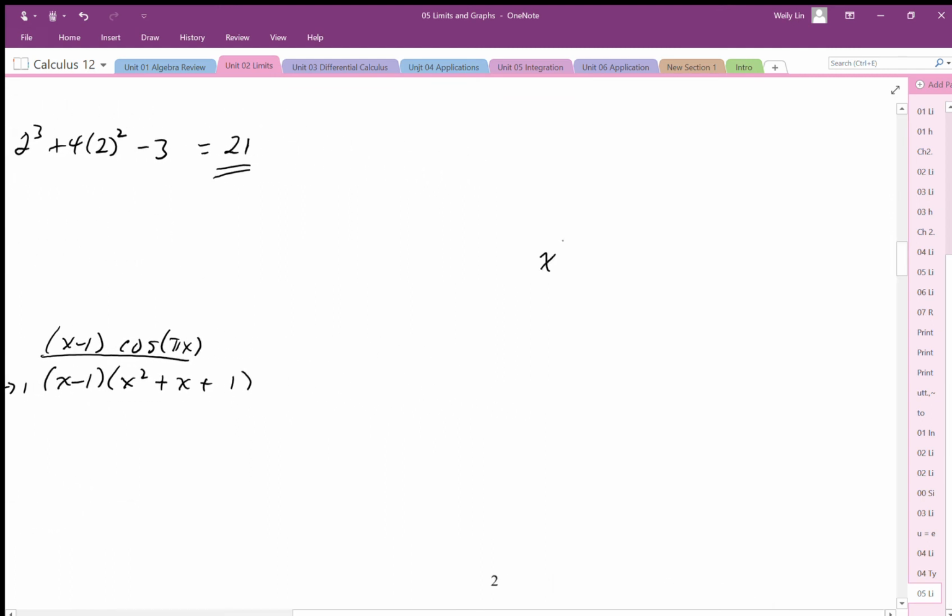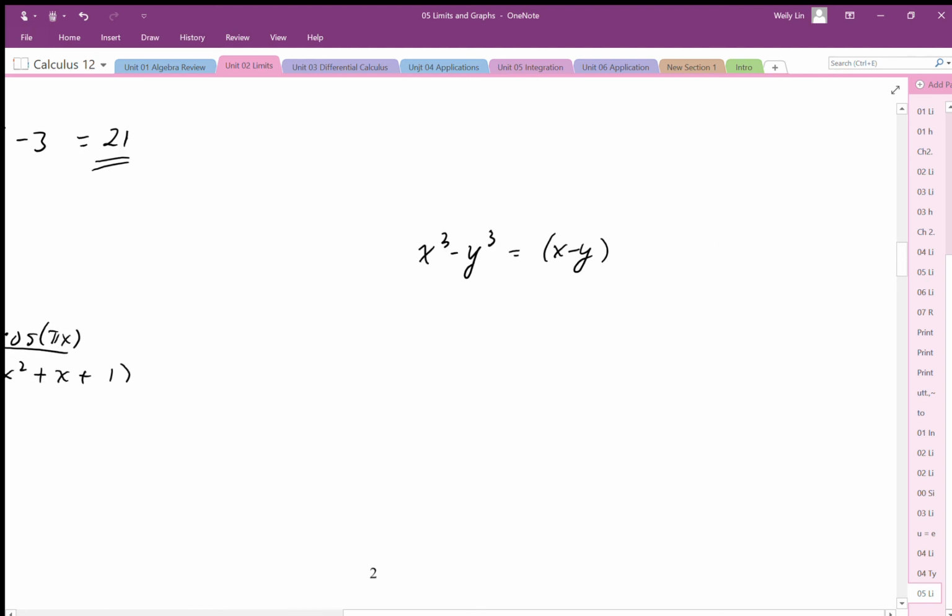This is called a difference of cubes. A difference of cubes factors like this, x minus y. Now I remember this because it's actually easy to remember. If it's minus here, we just end up with x squared plus xy plus y squared.